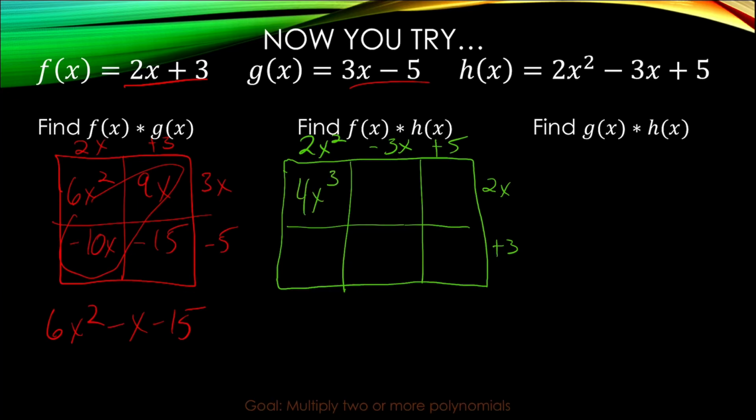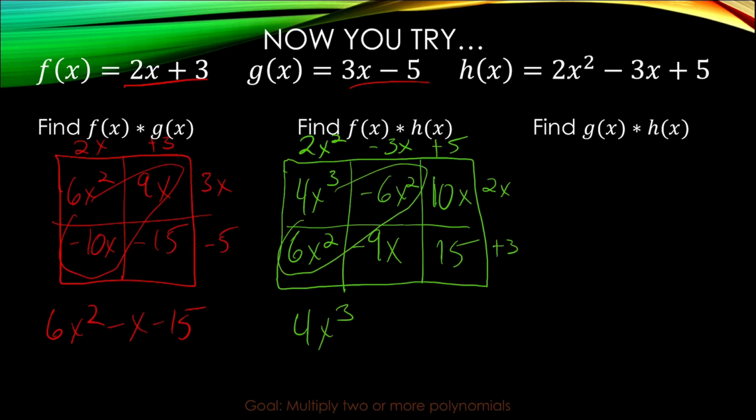We get 4x to the third, minus 6x squared, 10x, 15, negative 9x, 6x squared. So we get 4x to the third. Those are going to cancel out. That gives me a positive x, so I'd say plus x plus 15. Beautiful.